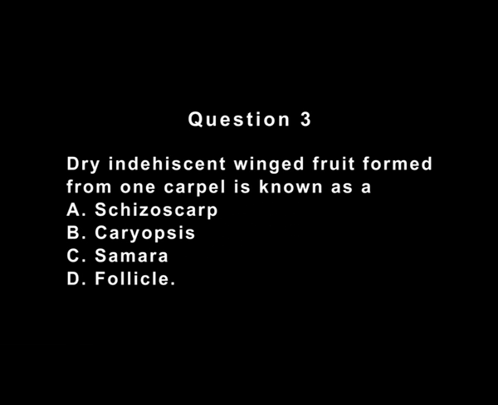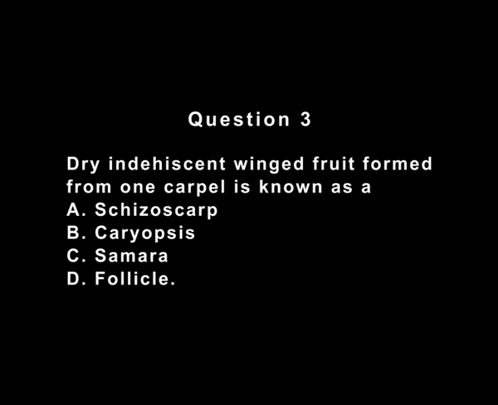Number 3. Dry, indehiscent winged fruit formed from one carpel is known as A, schizocarp, B, caryopsis, C, samara, and D, follicle. Schizocarp breaks into seeds. There's no wing mentioned.